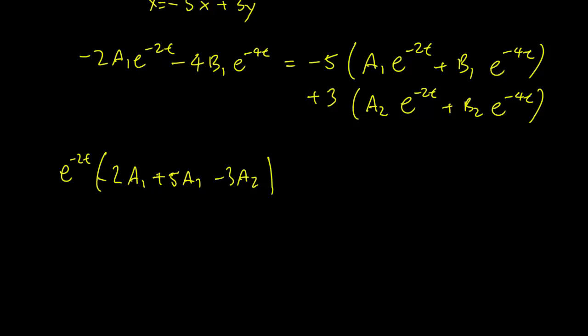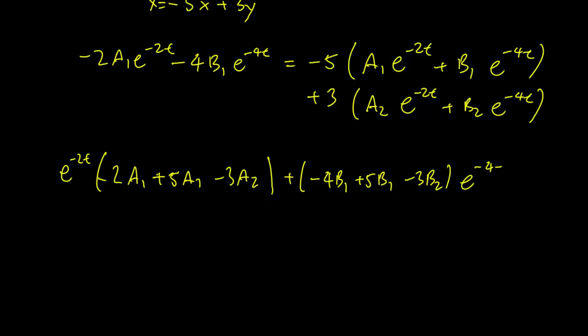And for the e^(-4t), we have -4b1 here, and then +5b1 here, and -3b2 here.